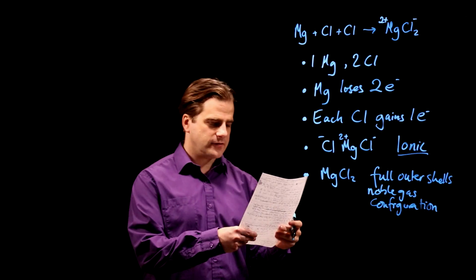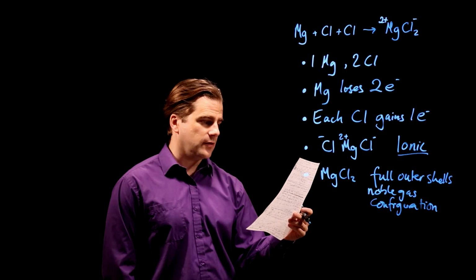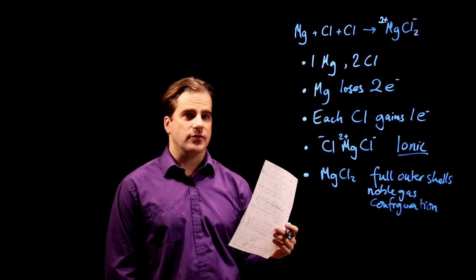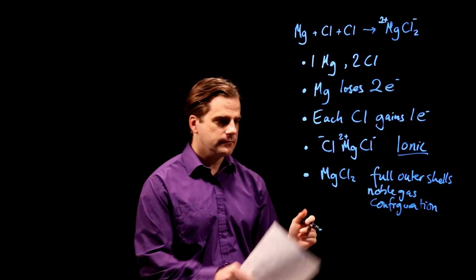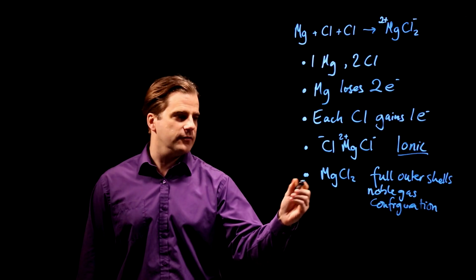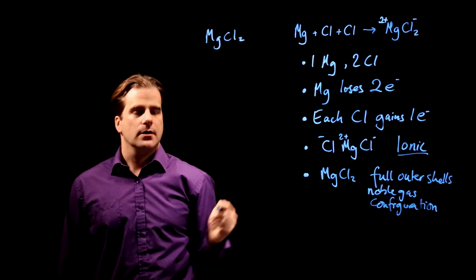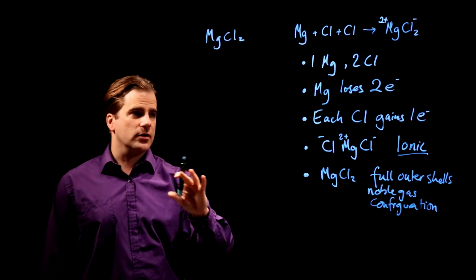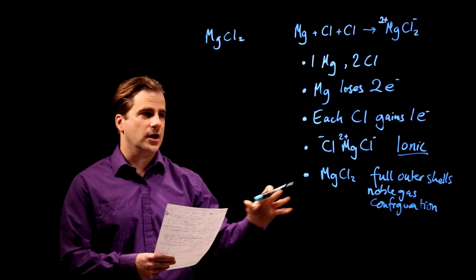Right, next question. Explain why magnesium chloride must be molten or dissolved in water to be electrolyzed. 2 marks. Okay, so magnesium chloride, this stuff again. Why must it be molten in order to carry a charge?